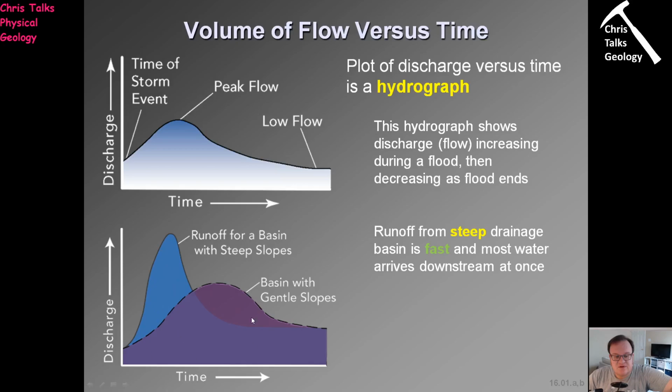In contrast, where we have a basin with a more gentle slope or less urbanization, so more grassland and trees, that allows the water to move into the river more slowly, so we see the discharge doesn't increase anywhere near as fast. The peak discharge is nowhere near as high, but the peak itself is considerably broader because the water takes longer to move through the system.